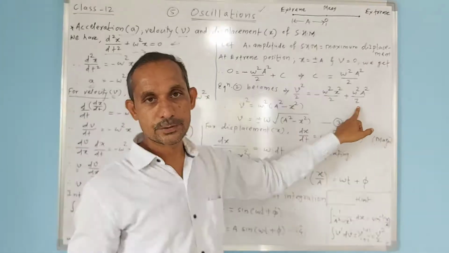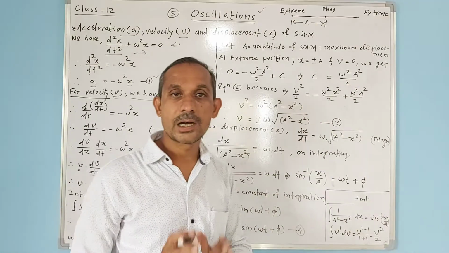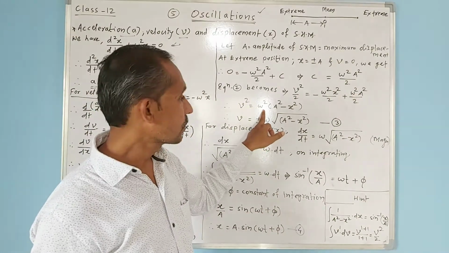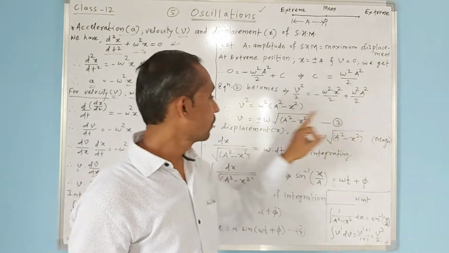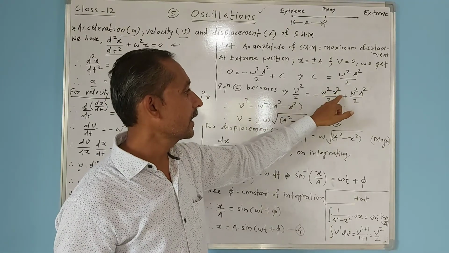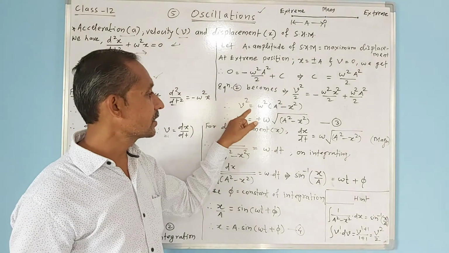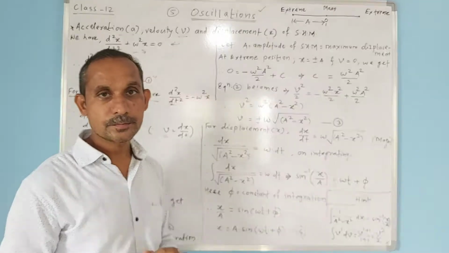In both terms omega square is a common factor. So in the bracket, the positive term A square comes first, then minus x square. So v square is equal to omega square in the bracket A square minus x square.